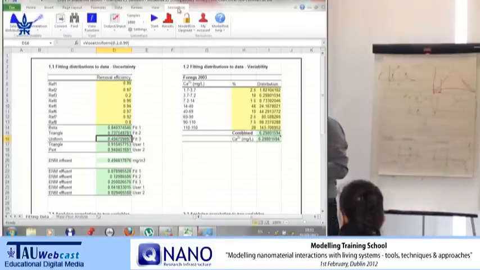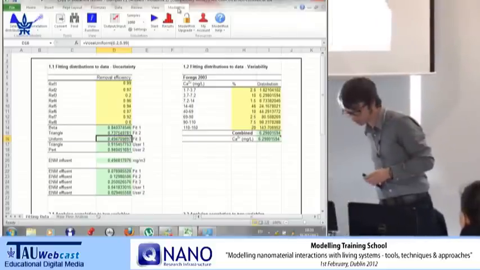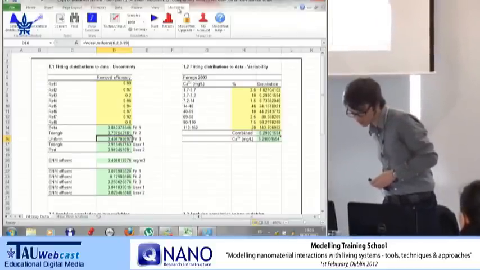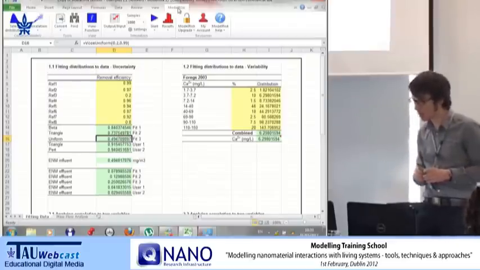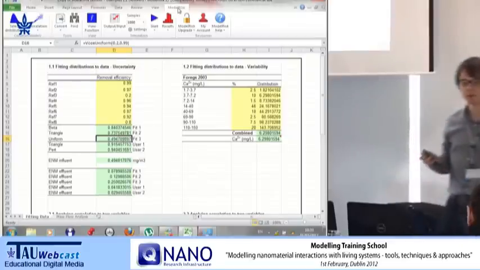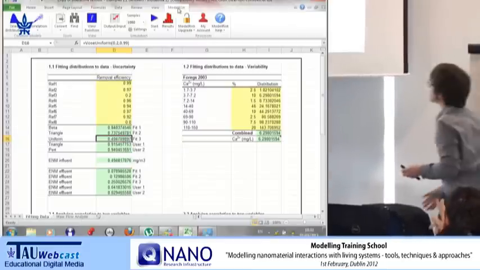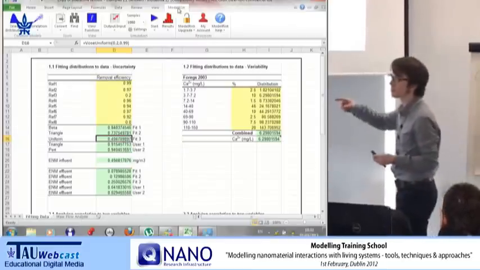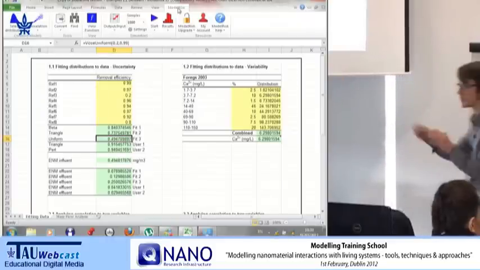You put in VoseUniform, the minimum, and the maximum, and this gives you a distribution that you can sample from.